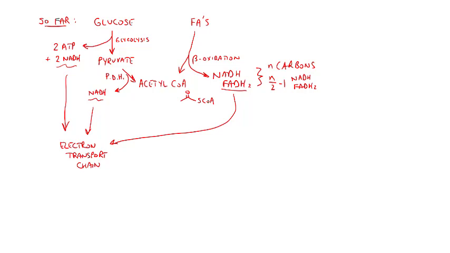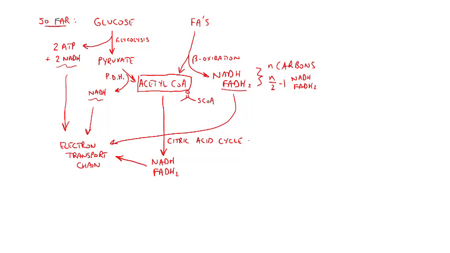And the reason we're not there yet is we still have all this acetyl coenzyme A to break down. And what we're going to see now is that through the citric acid cycle, oxidation of this acetyl coenzyme A gives us even more NADH and FADH2 to feed into the electron transport chain.